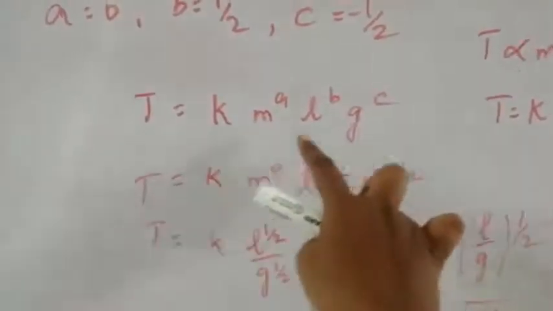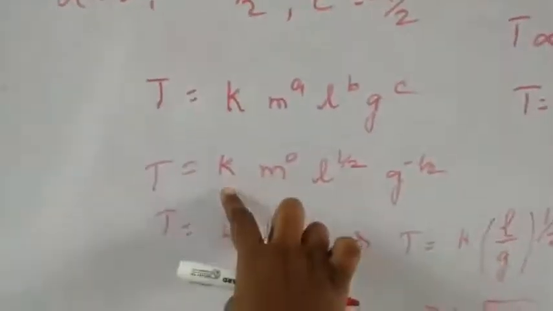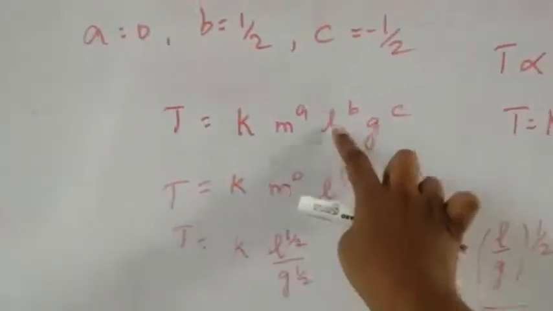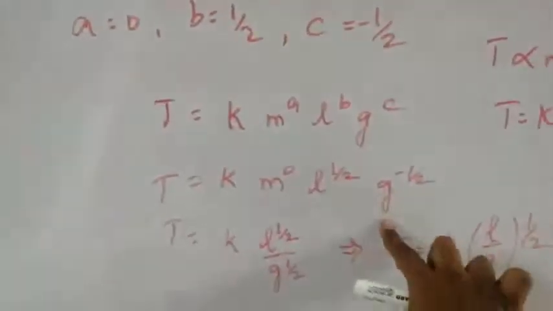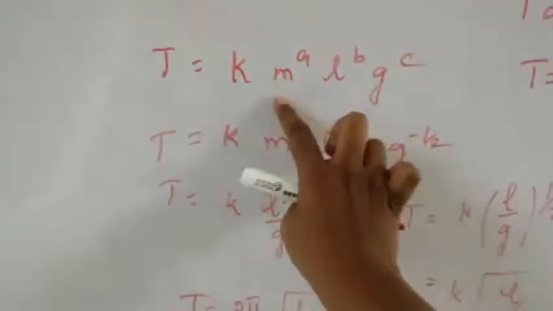From the dimensional values we have found a, b and c. Substitute them here. So T is equal to k into m power 0, l power 1 by 2 and g power minus 1 by 2. M power 0 is 1, so you do not consider this part.